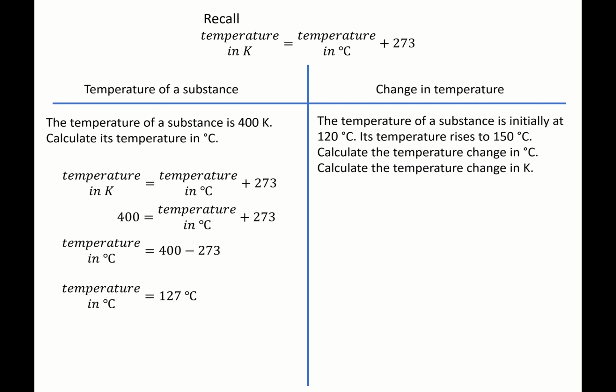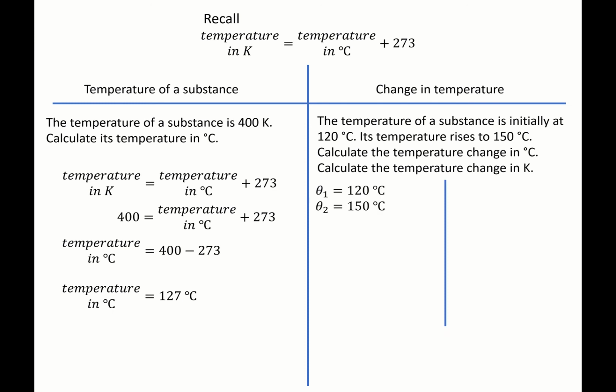in temperature. A simple problem here, the temperature of a substance is initially 120 degrees Celsius. Its temperature rises to 150 degrees Celsius. So calculate the temperature change in degrees Celsius and in Kelvin. So let's talk about degrees Celsius first.